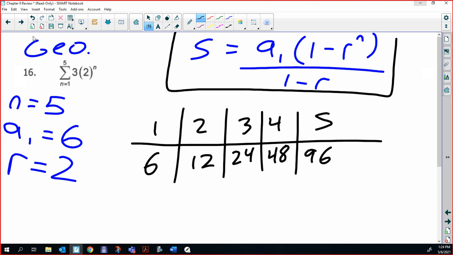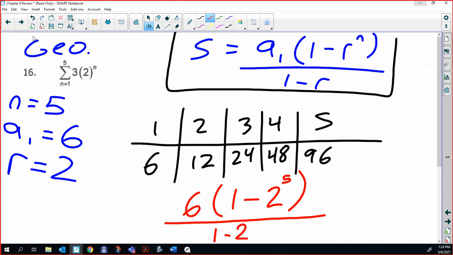So we use a1, which is 6, times 1 minus r, which is 2, to the n, so 2 to the 5th, over 1 minus r.